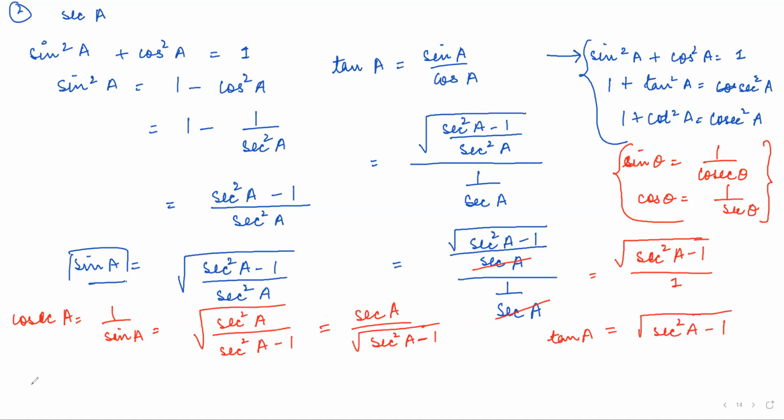Now cot. You are left with cot. Cot is 1 upon tan. Tan we have already found. Just take the inverse. So 1 upon under root sec square A minus 1.